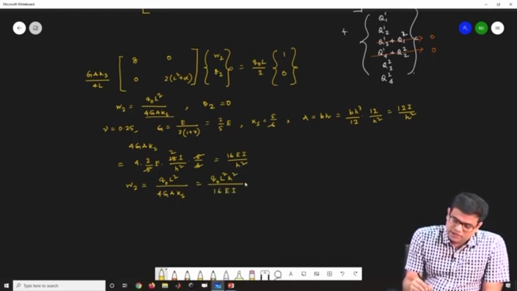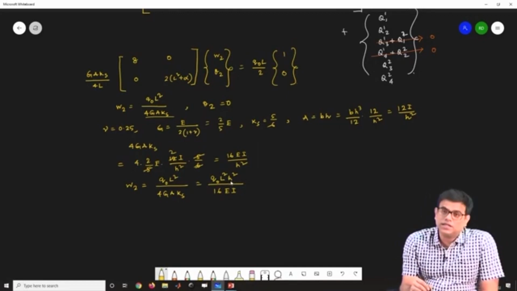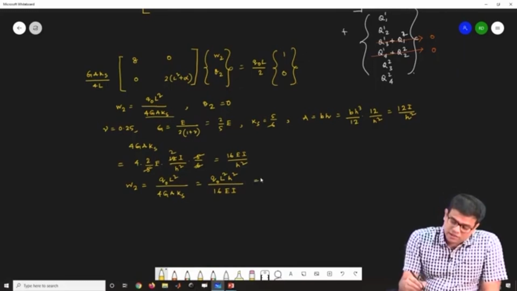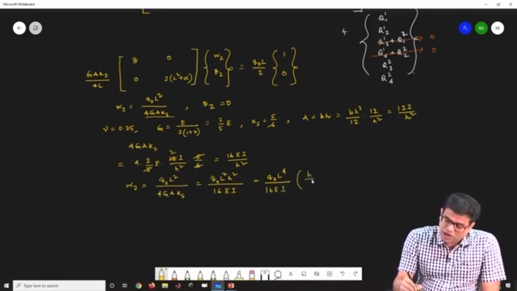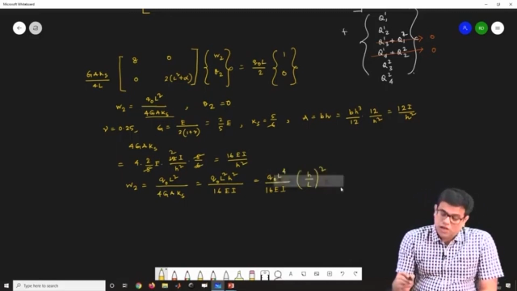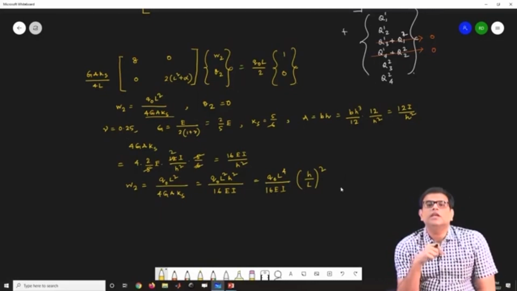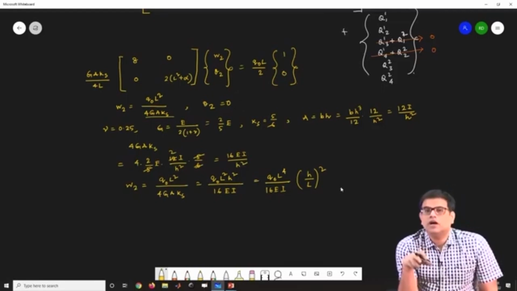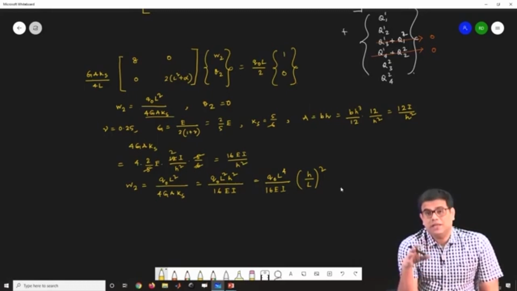You see, this contains L, the length of the beam, as well as the thickness of the beam. So, I can represent this as 16 EI, and this I can write as H by L whole square. So, this depth to length ratio is vital for Timoshenko beam theory. So, naturally this will not be equal to the Euler-Bernoulli beam if this ratio plays an important role.